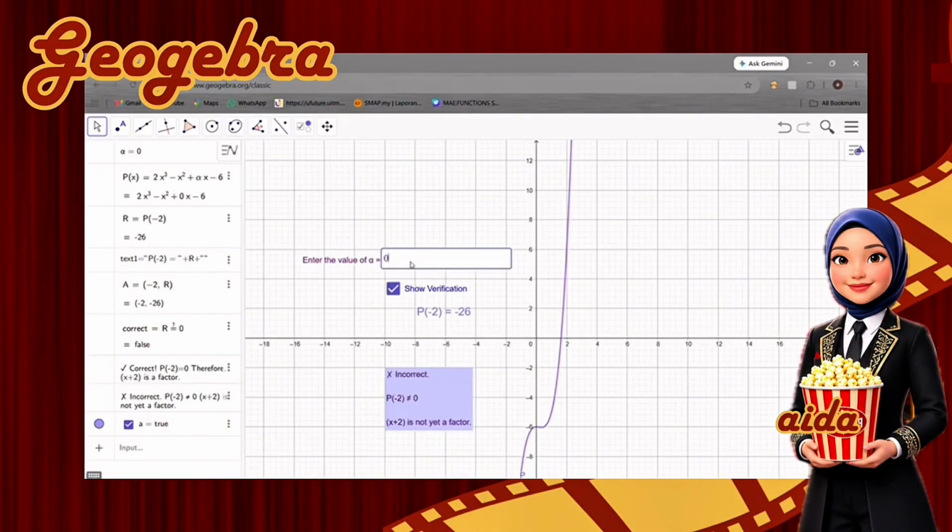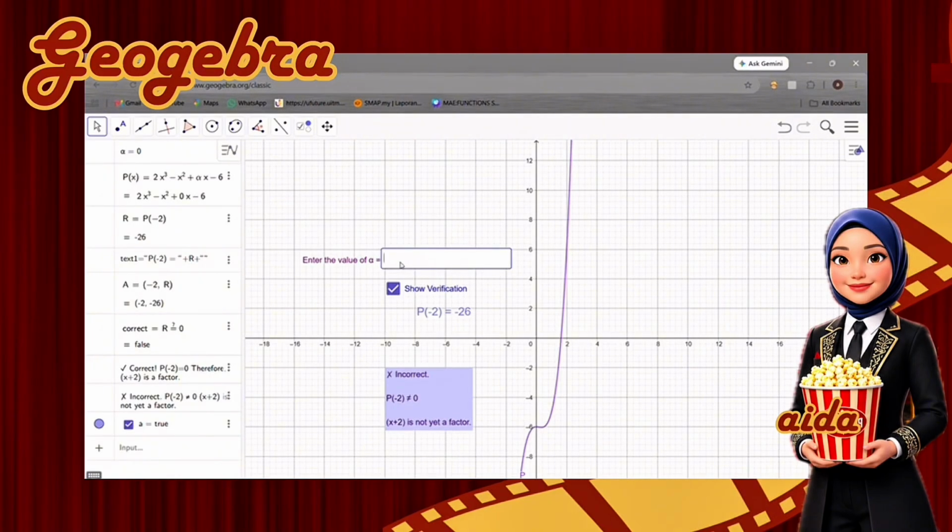Okay, so for quiz 2, given that x plus 2 is a factor of the polynomial, we need to define P(-2) equal to 0. So we need to find the value of alpha. In this GeoGebra, we need to put the value in this input box.